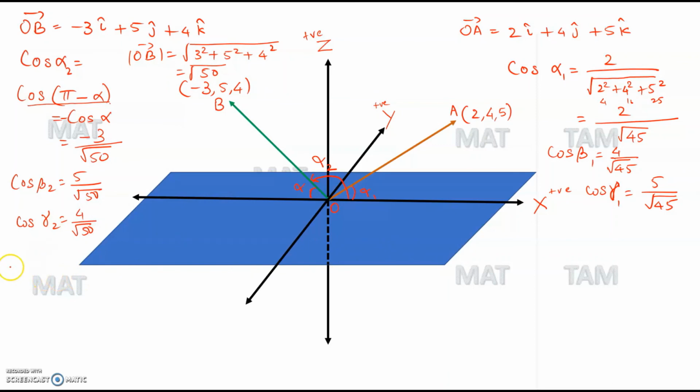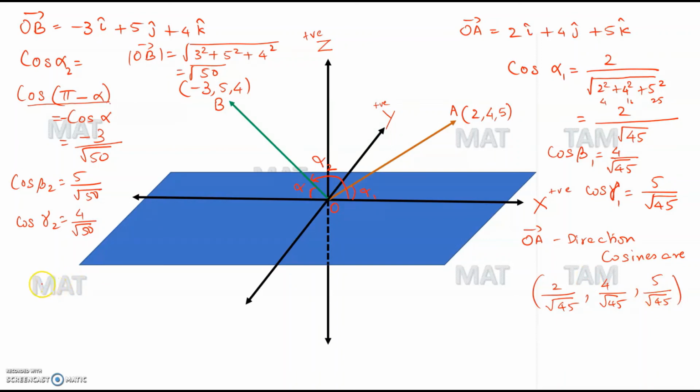So the direction cosines for OA vector are 2 by root 45, 4 by root 45, and 5 by root 45.